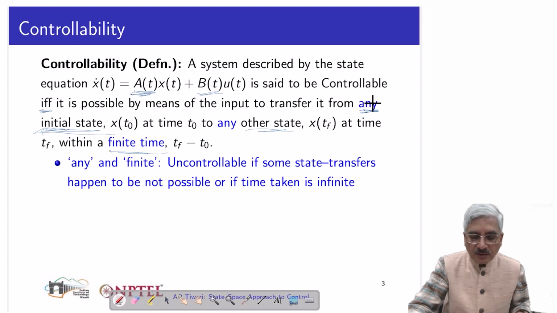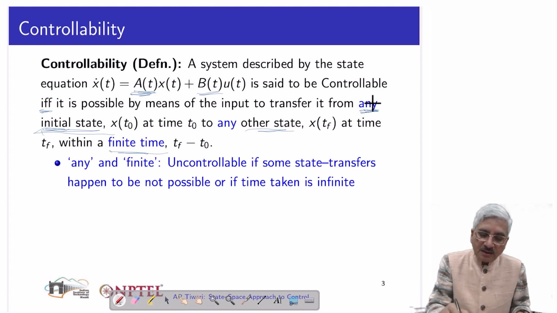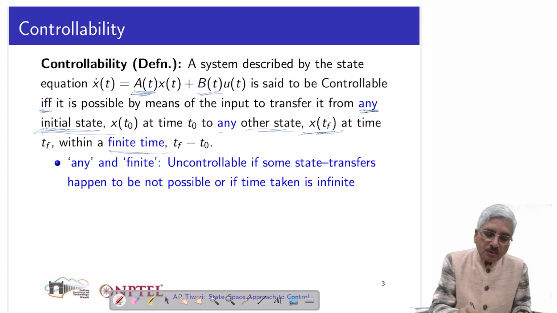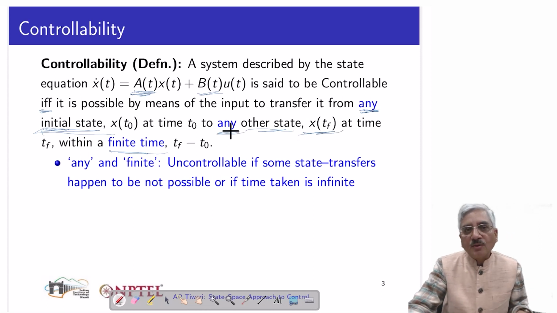So the state transfer has to happen from any of those various points in the state space which exist. So this any means all. Anything one thinks of, that can be the initial state. Similarly, the terminal state x tf can also be any point, any coordinate in the state space.